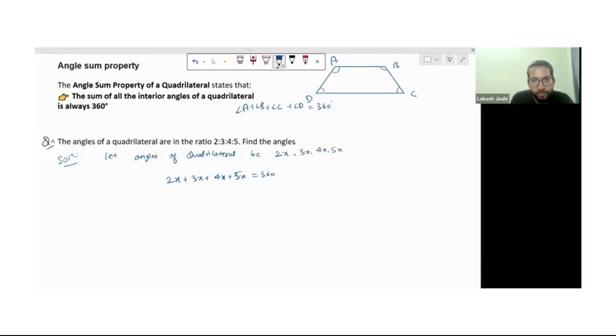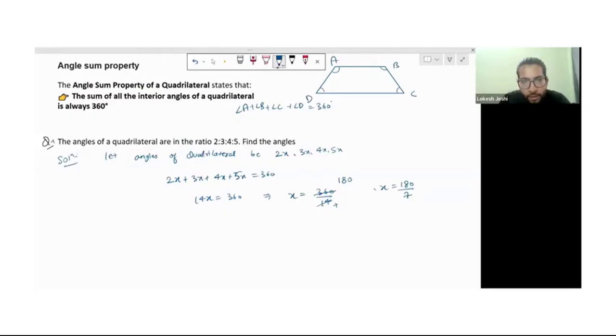Now 3 and 2 are 5, 5 and 5 are 10, then 14. So 14x is equal to 360, or we can write x is equal to 360 divided by 14, and if we solve it, x is equal to 180 by 7.